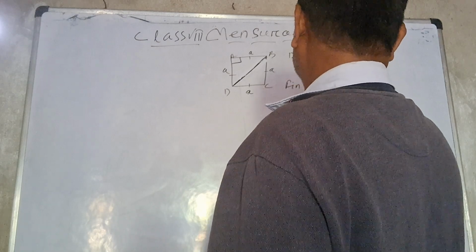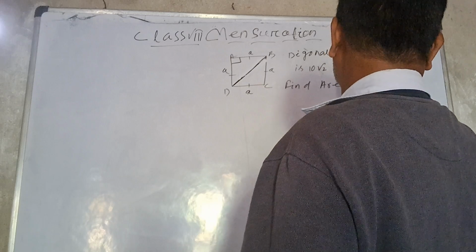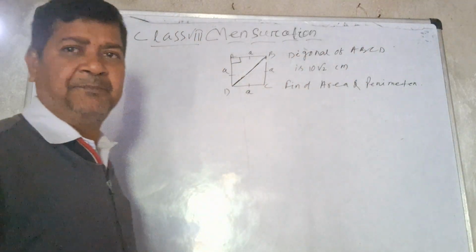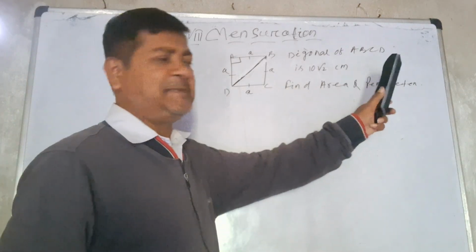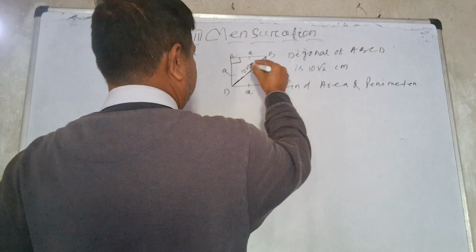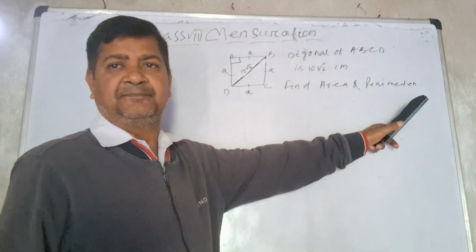Find area and perimeter. Look at this figure. BD is your diagonal, given 10 root 2. Find out area and perimeter.